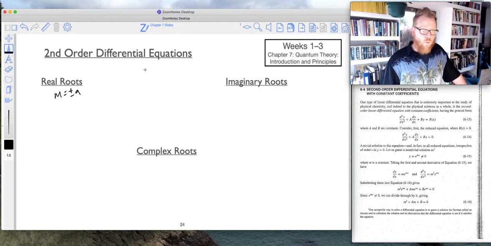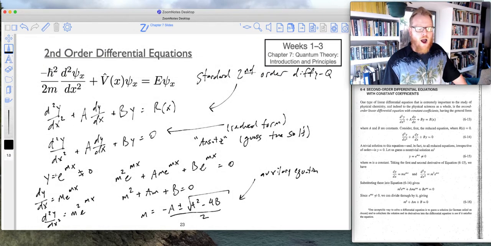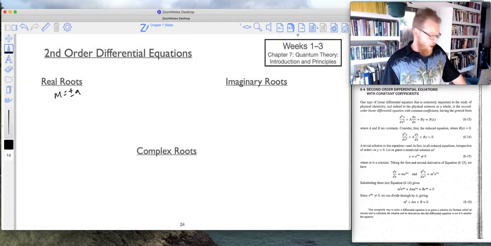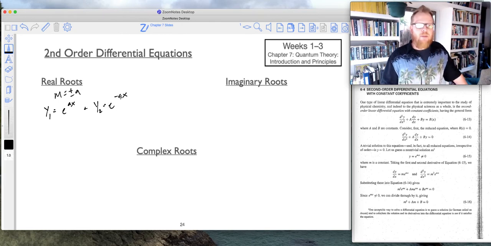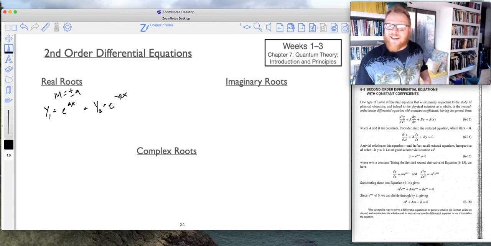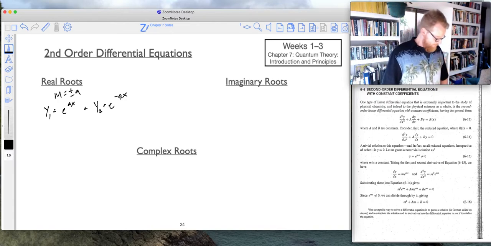Remember, we guessed y equals e to the mx is a possibility. So now my y1 solution is e to the ax, and my y2 solution is e to the negative ax.